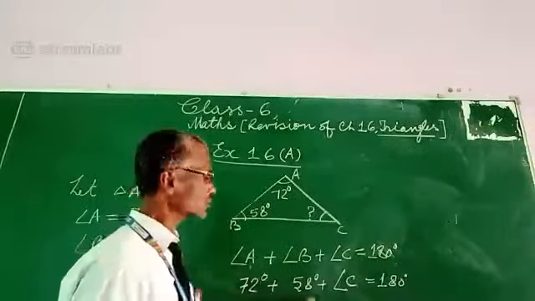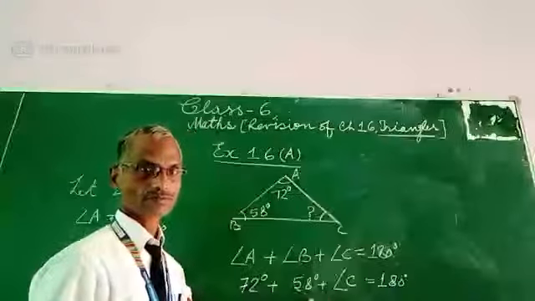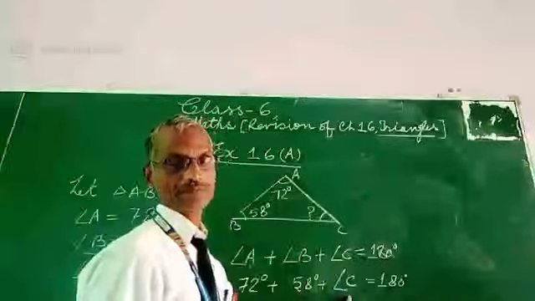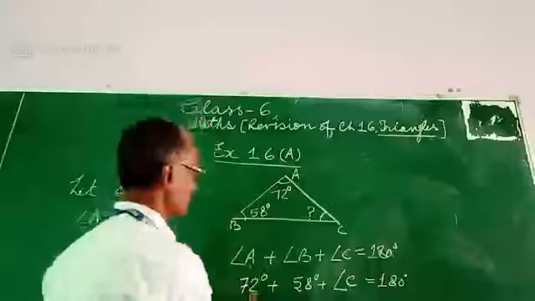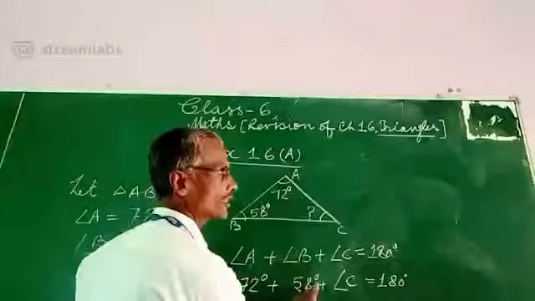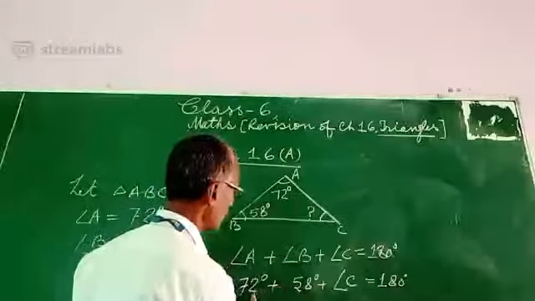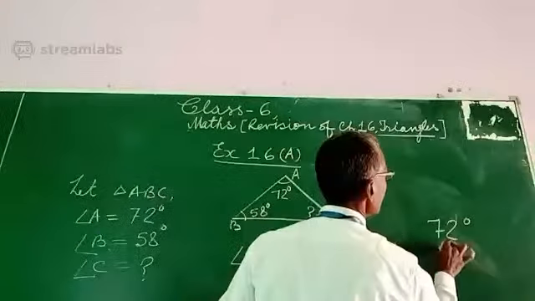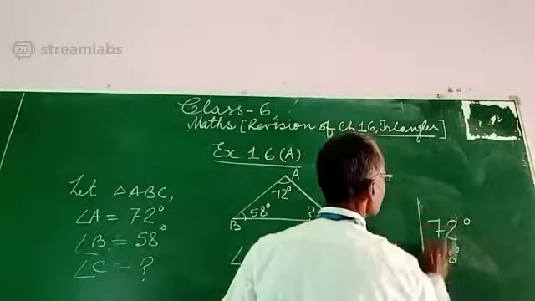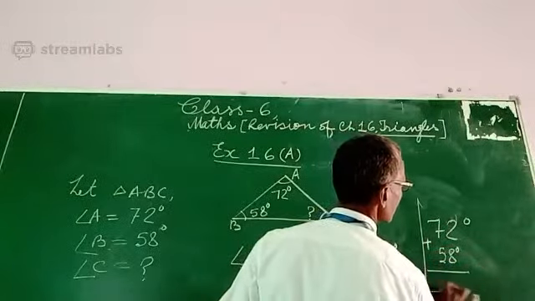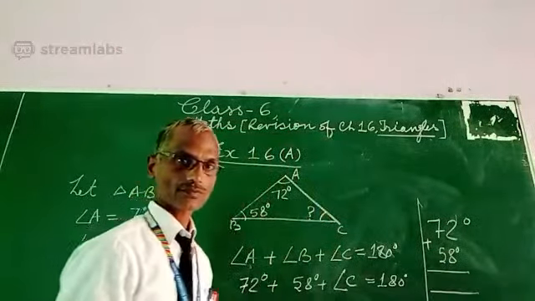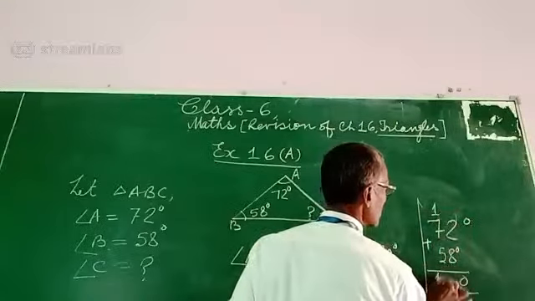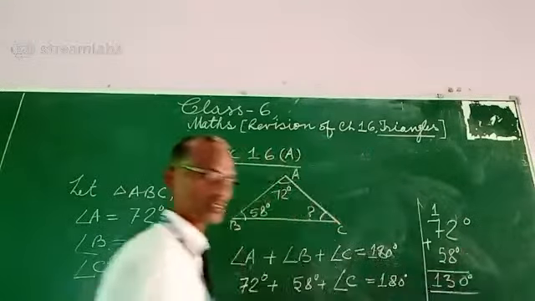Students, I am waiting for a response. Please solve it. Can you tell me what is the measure of angle C? Here we write 72 degree plus 58 degree. Firstly add them: 2 and 8 is 10, and here 7 and 5 is 13. That gives 130 degree.